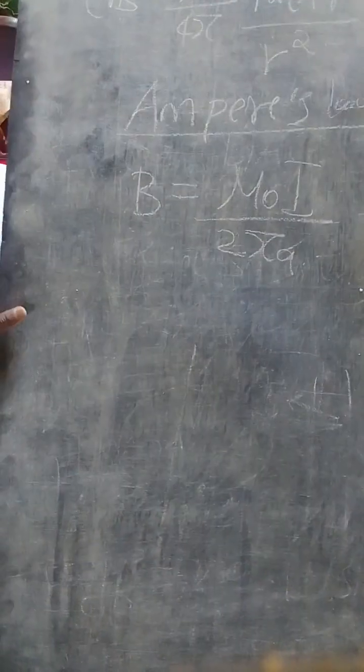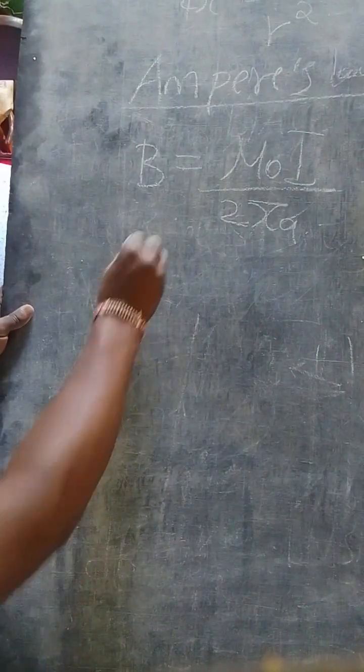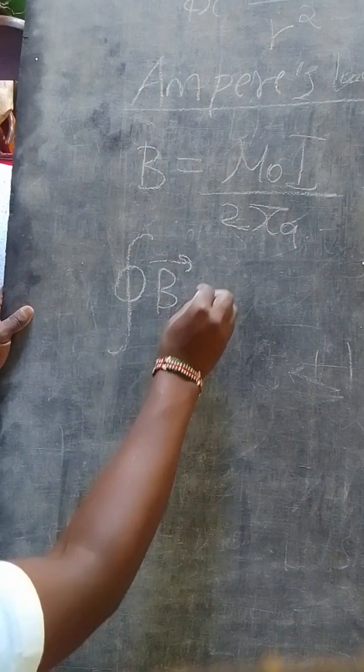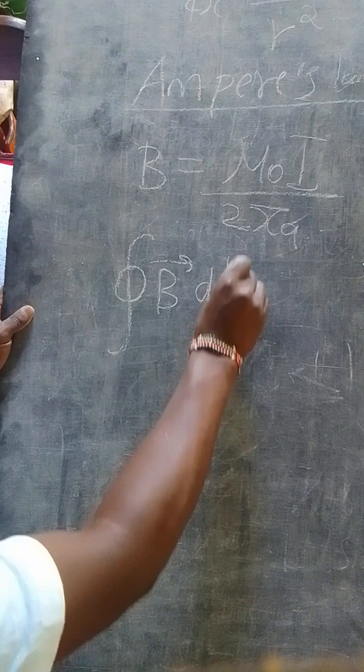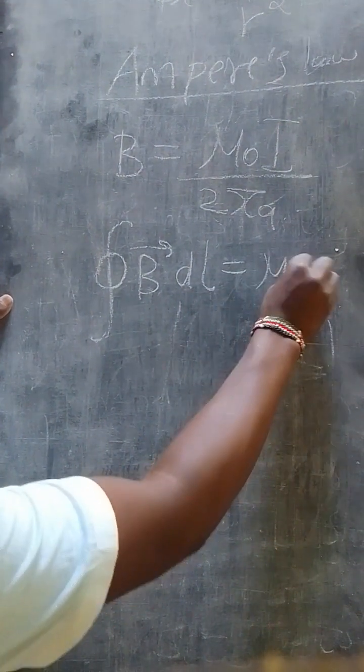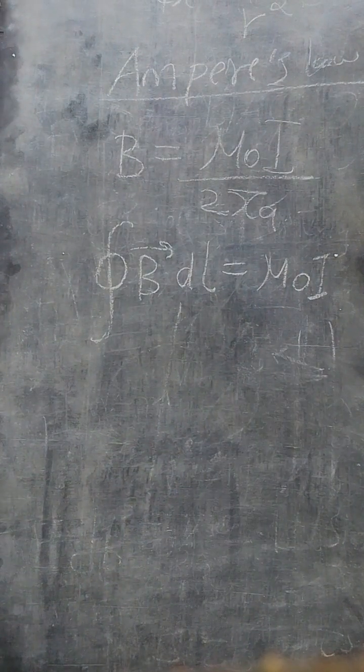So if we want to explain this in other words, we can say that the closed integral of magnetic field times the length, that's dl, will be equal to mu naught times the current.